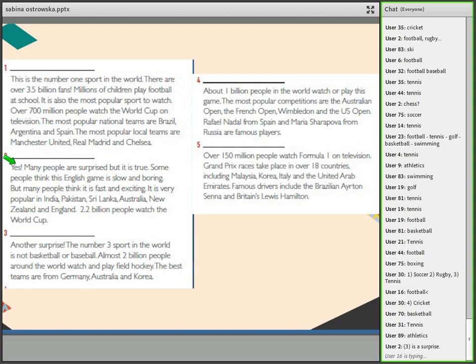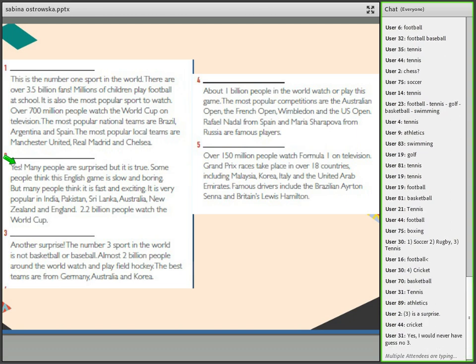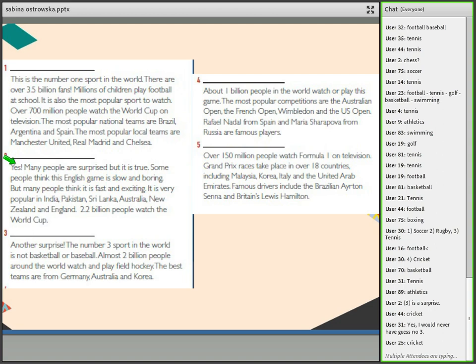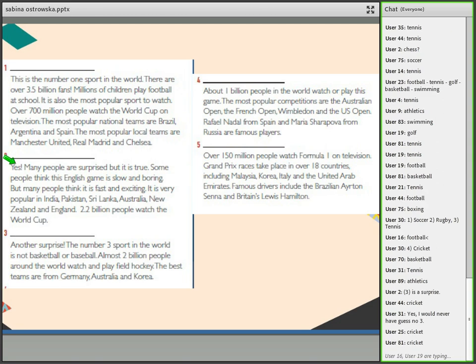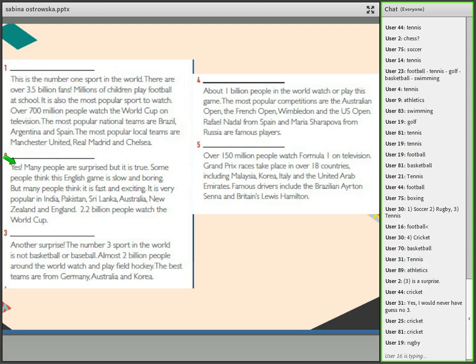And the second one, if you can guess, and you can scan also, it says this English game is slow and boring, but many people think it's fast and exciting. And you can see Pakistan, Sri Lanka, Australia. So you can guess it's cricket, definitely.